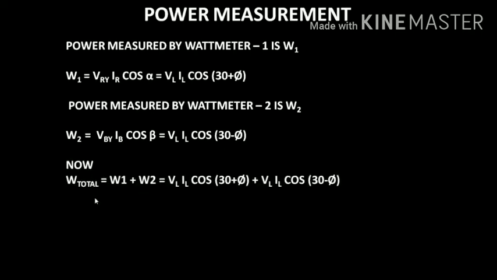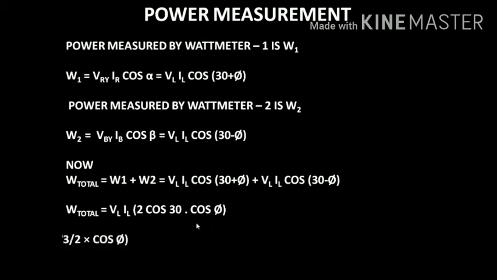Then total power W is equal to W1 plus W2, that is VL IL cos(30 plus phi) plus VL IL cos(30 minus phi). Taking VL into IL common, that is 2 times cos 30 into cos phi, as cos(A plus B) plus cos(A minus B) gives 2 cos A into cos B.